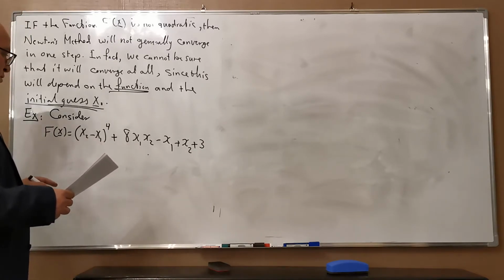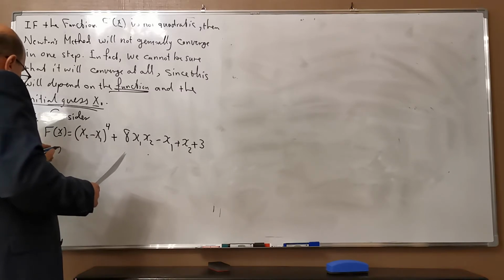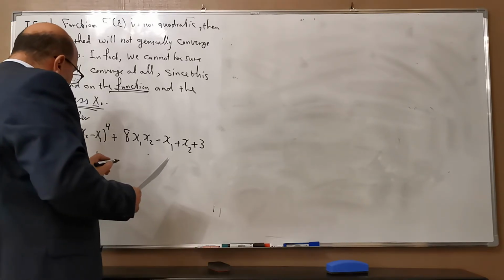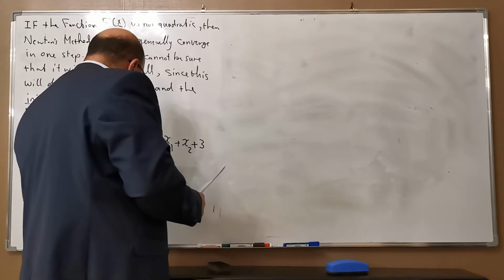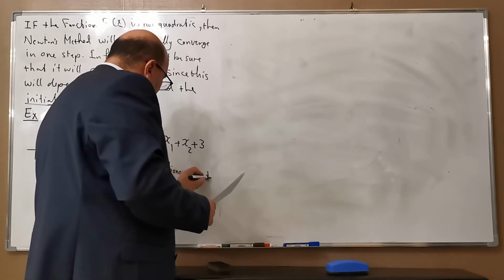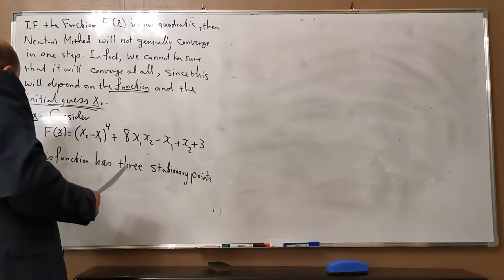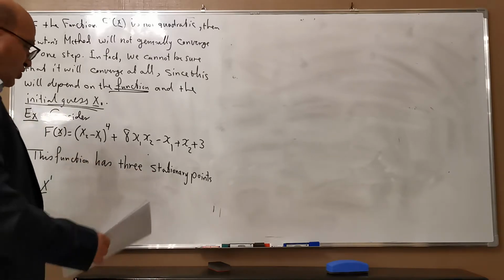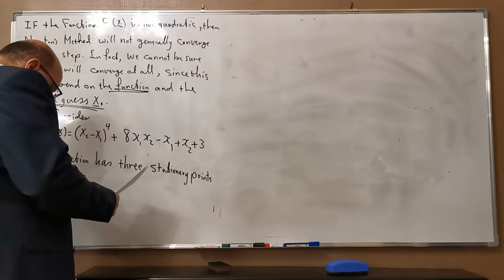And by solving this function, we can find that this function has three stationary points. The first one, x with a superscript 1, is equal to minus 0.42 and 0.42.